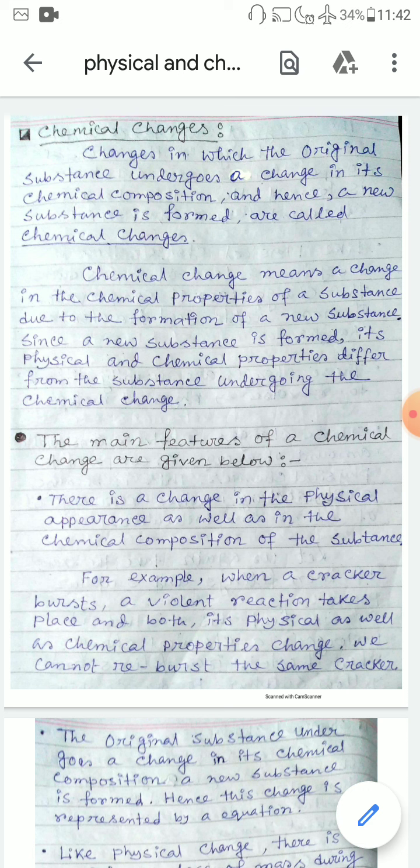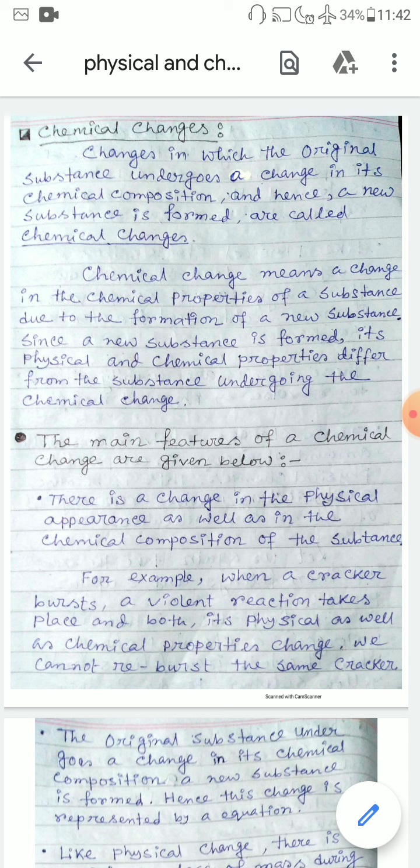Chemical change means a change in the chemical properties of a substance due to the formation of a new substance. Since a new substance is formed, its physical and chemical properties differ from the substance undergoing the chemical change.